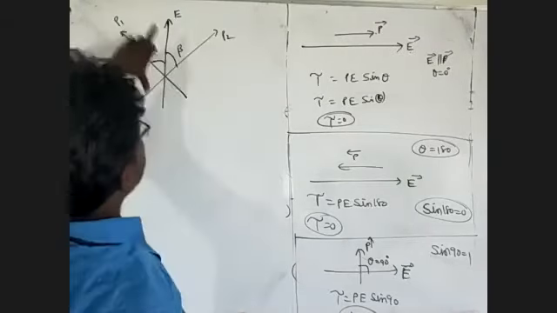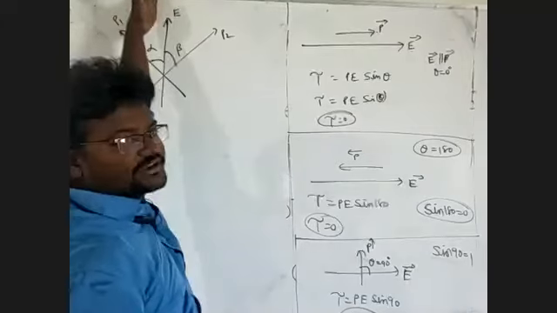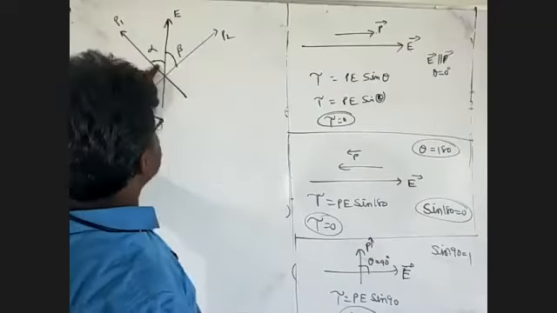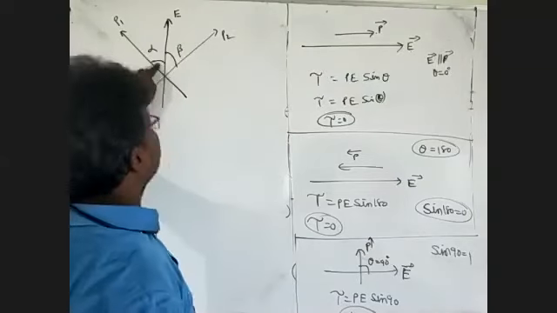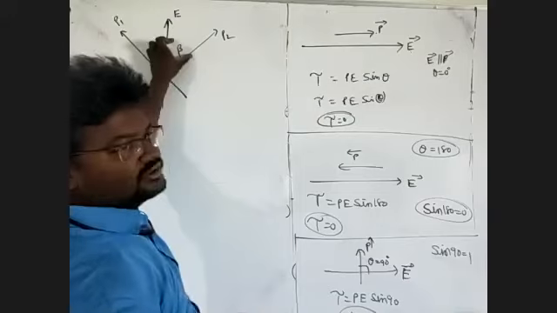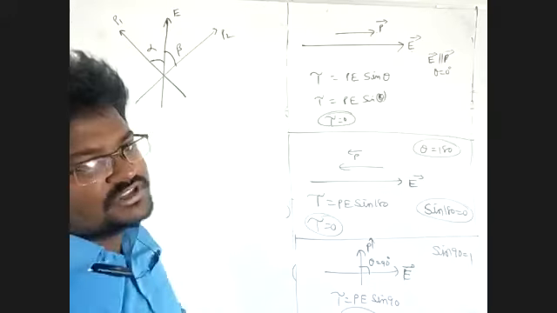This E bar is the direction of electric field. The angle between P1 and E is alpha, and the angle between E and P2 is beta.